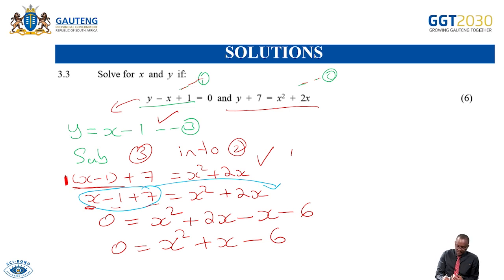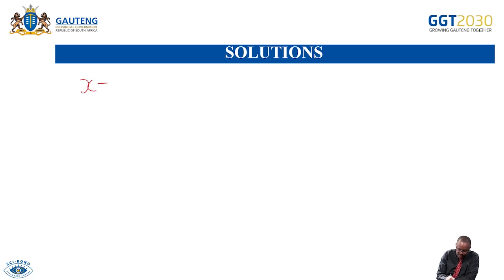Correct? Then from there we are going to have a, b, and c. Then we do what? We use our quadratic formula. Remember, the third mark is there. Easy marks. Now, moving forward, we are going to use our quadratic formula.